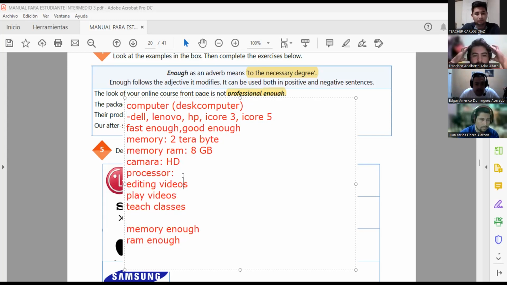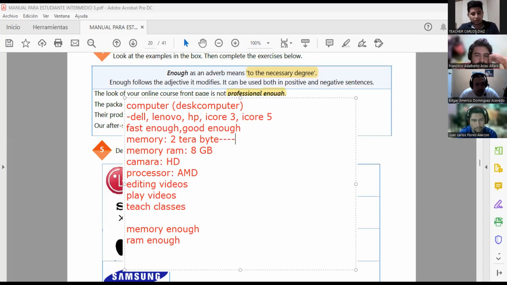AMD. Good. So for you, these qualities are the things that you need to see in a computer. Yes? And 2 terabytes is slow or fast enough?